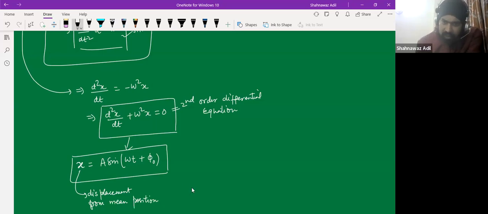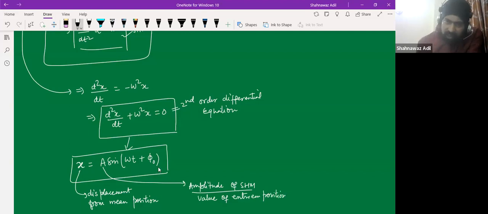This a is the amplitude of SHM, or we can say the value of the extreme position, right? And this omega is the angular frequency of SHM.